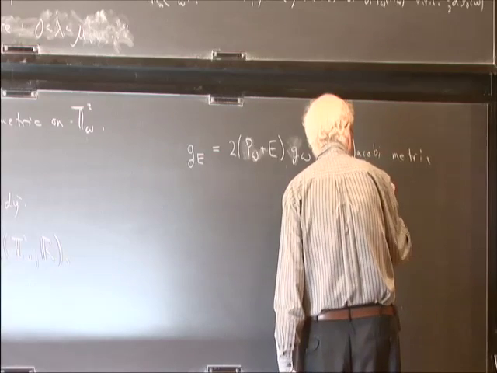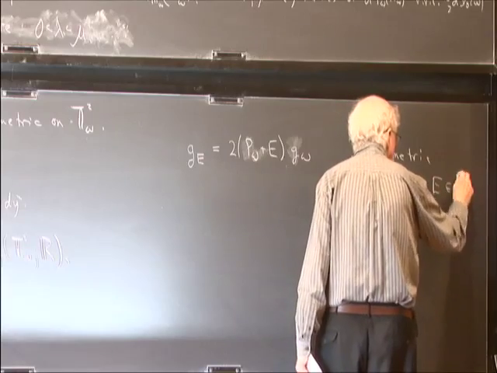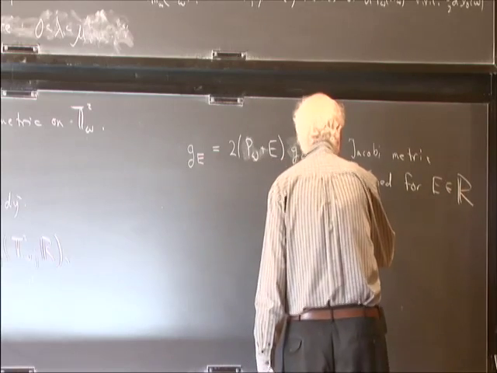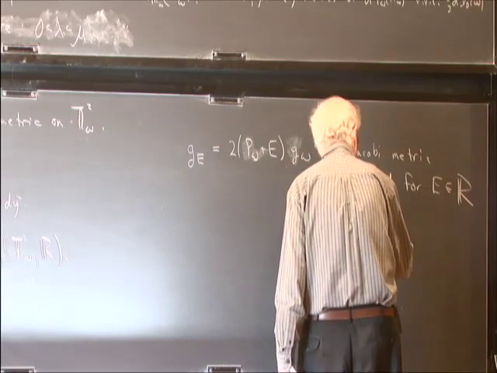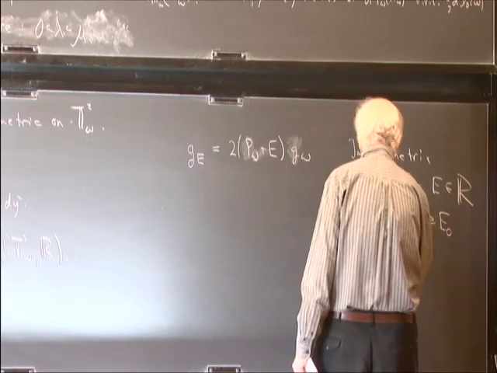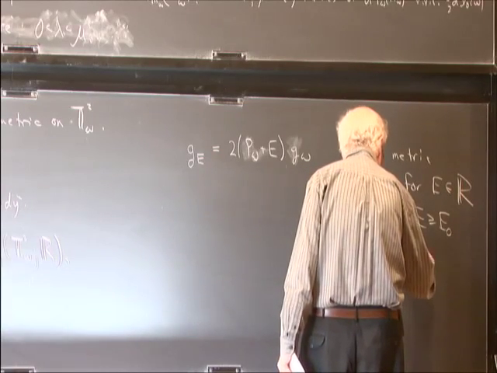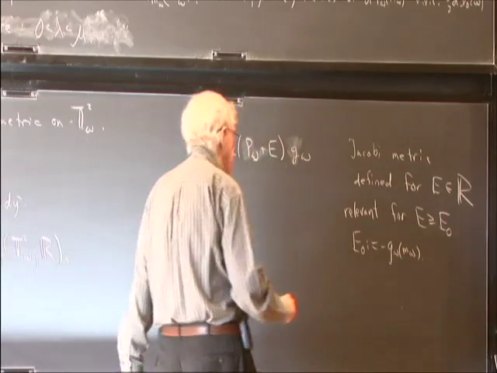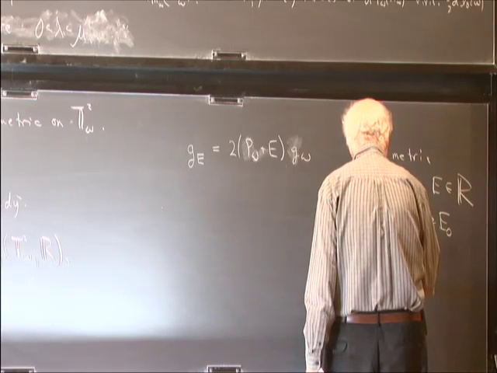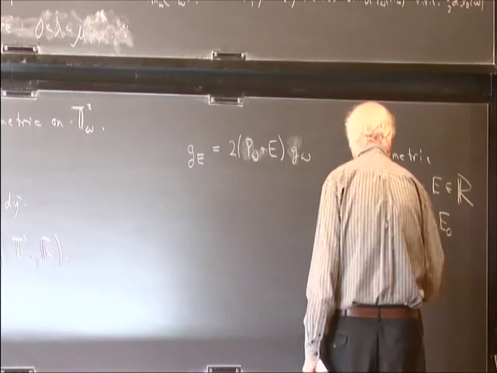It's defined for E contained in R, and it's relevant actually only for E greater than or equal to E0, and E0 is defined to be minus g omega of m omega, minus p omega of m omega.